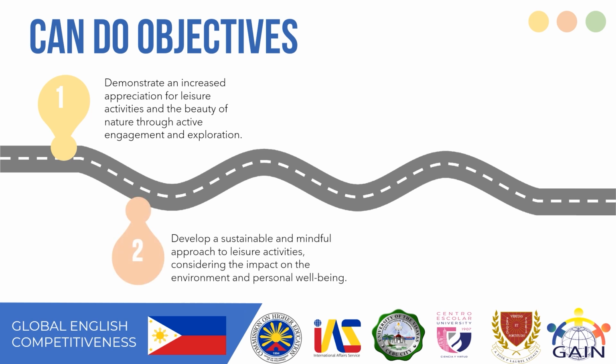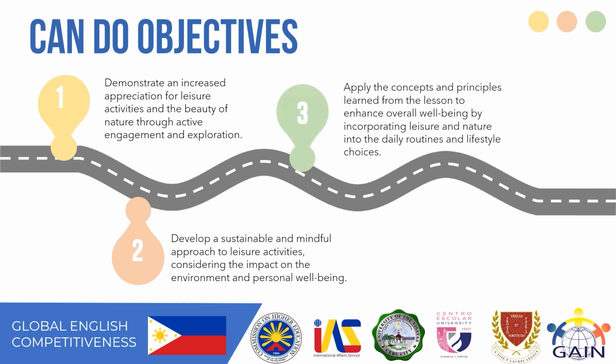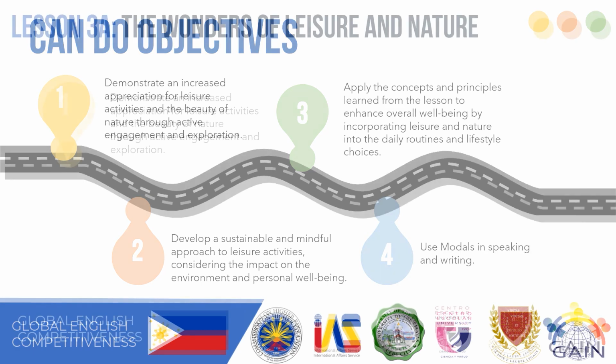Second, develop a sustainable and mindful approach to leisure activities considering the impact on the environment and personal well-being. Third, to apply the concepts and principles learned from the lesson to enhance overall well-being by incorporating leisure and nature into the daily routines and lifestyle choices. And fourth, to use models in speaking and writing.